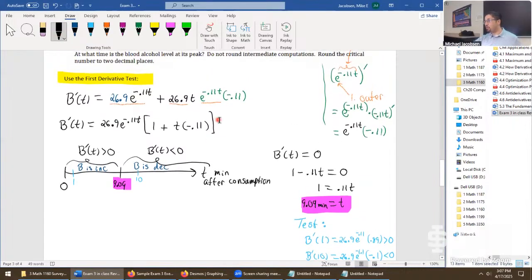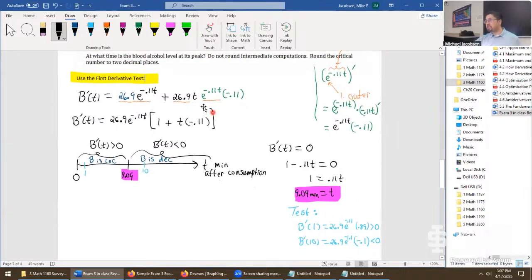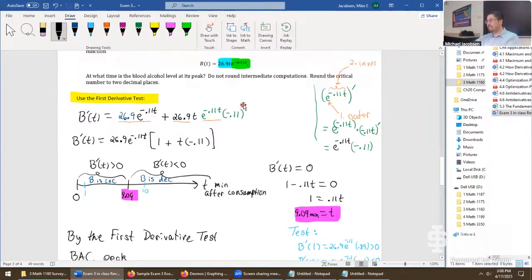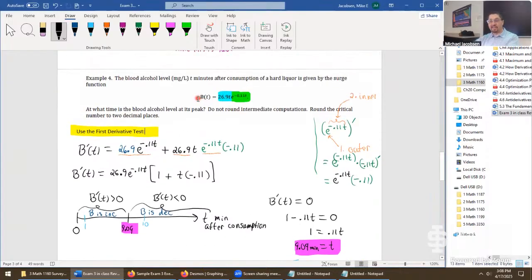At this stage, our whole work is complete. We're ready to state the solution to that question. At what time is blood alcohol level at its peak? We can say by the first derivative test, blood alcohol concentration peaks, or you could say is maximized, or the function has an absolute maximum at a certain time.